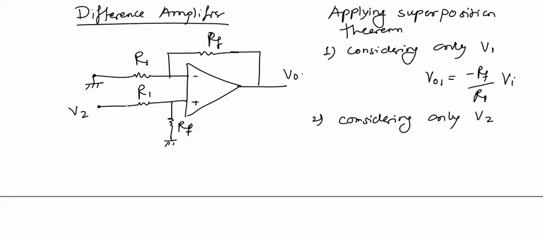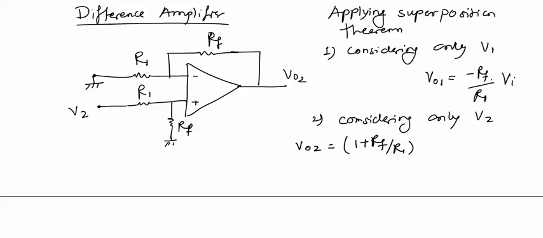When we consider only V2, this circuit is a non-inverting amplifier in which output V02 can be calculated as V02 equal to 1 plus RF upon R1. Gain will be 1 plus RF upon R1.